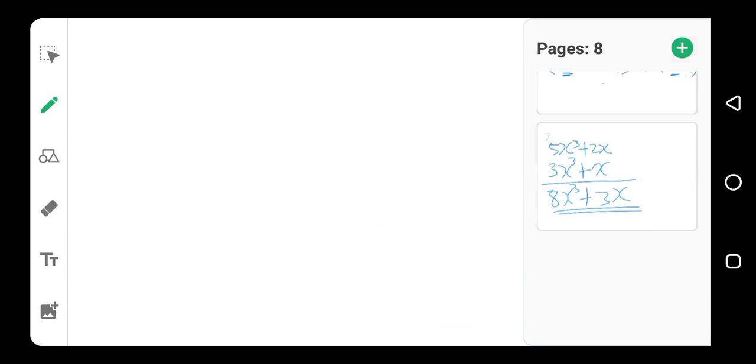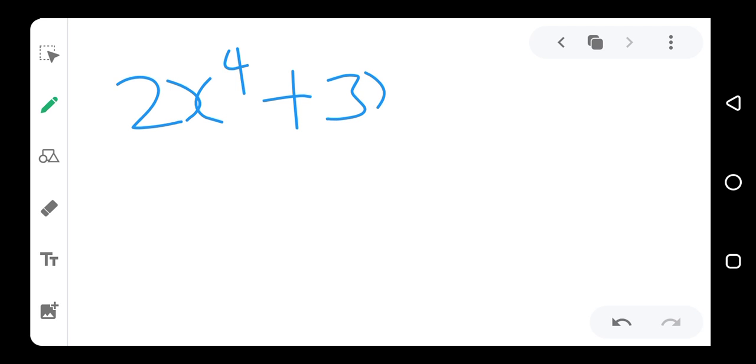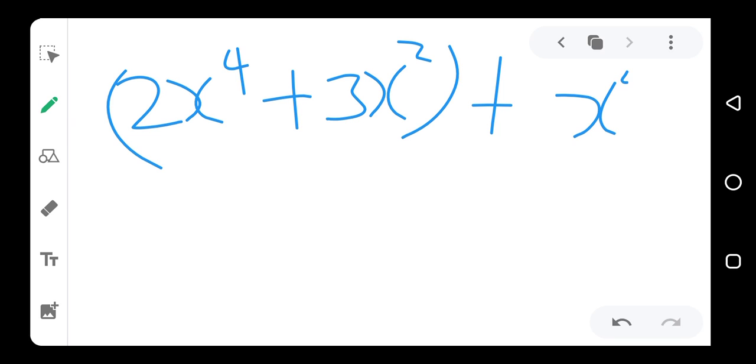Another example, if we have 2x raised to power 4 plus 3x raised to power 2, plus x raised to power 4 minus 2x raised to power 2.